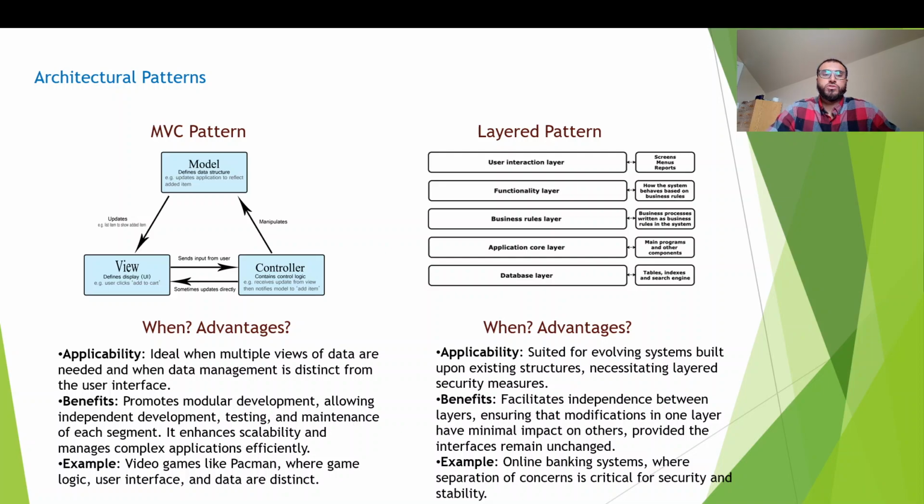For MVC, you would see yourself using it more when you need to have a separation of concerns, as well as making sure that the UI and the data are separate from each other. So from here, in order to change the model and in order to change information, the controller, which is responsible for communicating to the view and the model, talks to them individually and then updates accordingly.